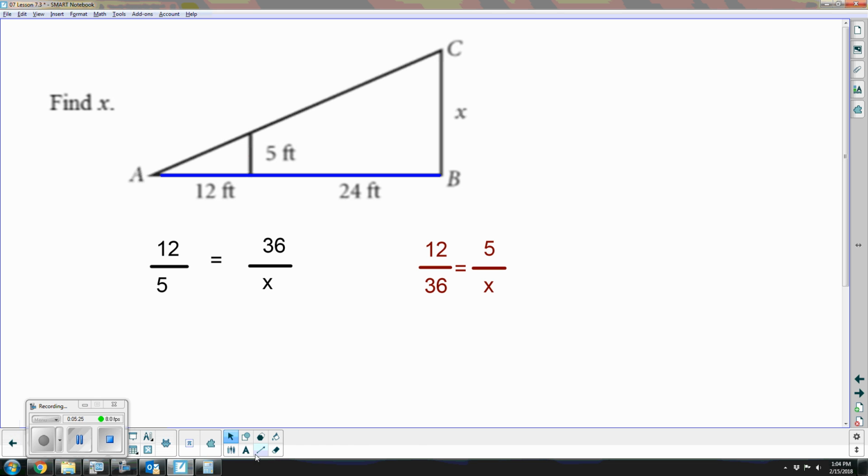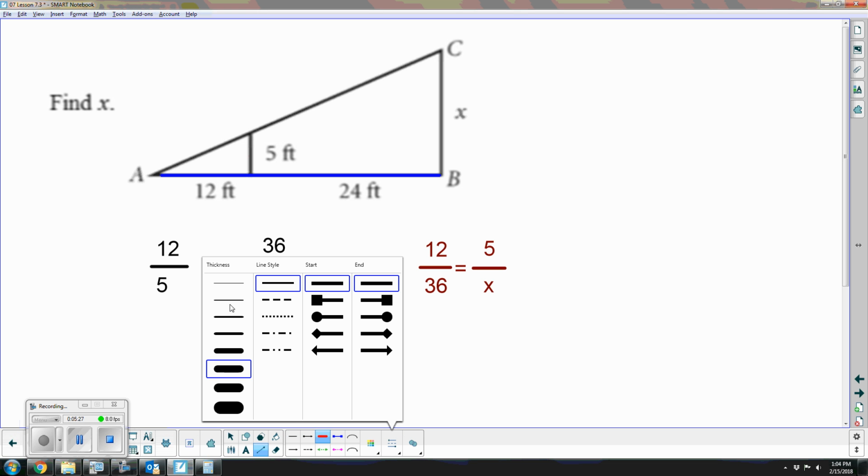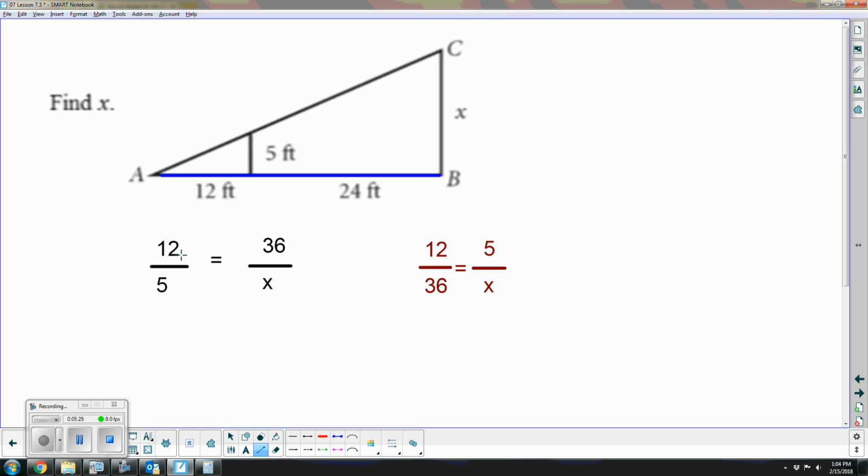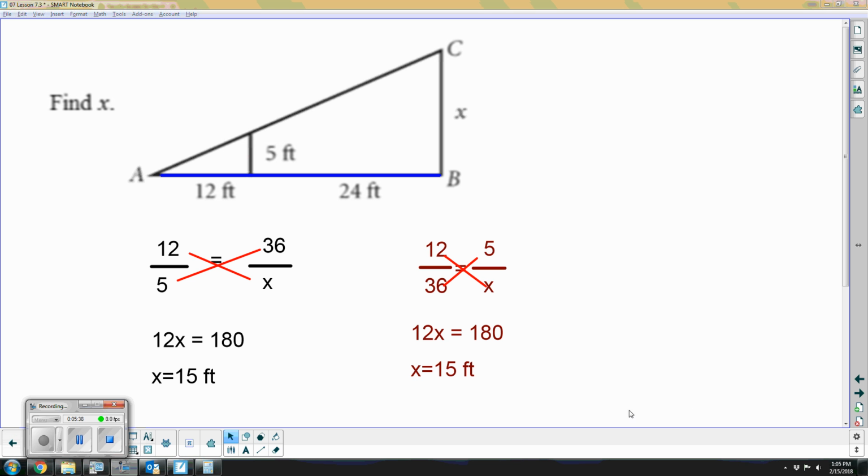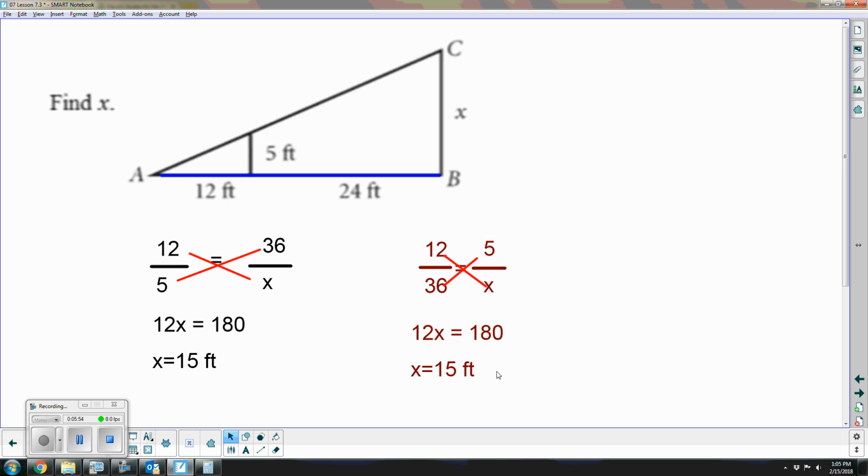And for both of these, you're just going to cross multiply in order to solve for x, and you'll get the same answer. 12x equals 36 times 5. 36 times 5 is 180, so 12x equals 180. In order to solve for x, we're going to divide both sides by 12, so 180 divided by 12 is 15. And same with the second set of proportions, 180 divided by 12 is 15.